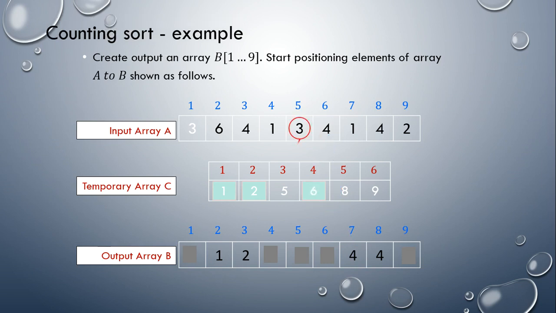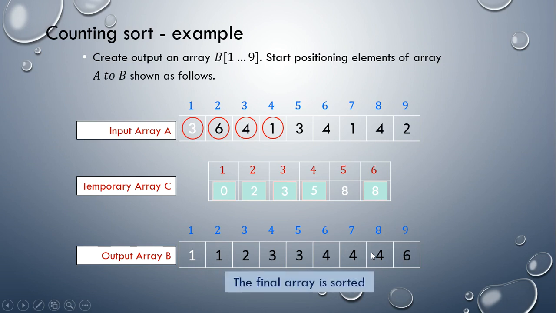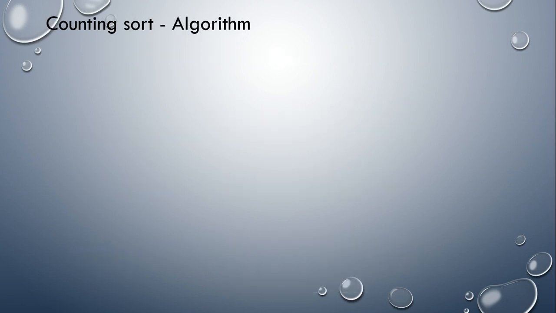Next is 3, placed at index 5, and we decrement it in array C. The next element 1 is placed at index 1, and 4 is placed at index 6. Next, 6 is placed at index 9, and 3 is placed at index 4. So this is the actual output, and our array is sorted.